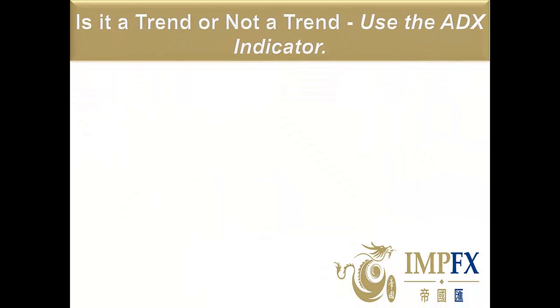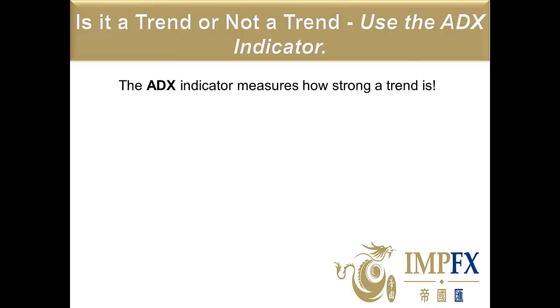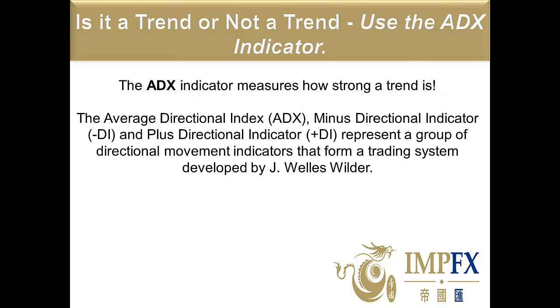Is it a trend or not a trend? Use the ADX indicator. The ADX indicator measures how strong a trend is. The average directional index, or ADX, minus directional indicator, minus DI, and plus directional indicator, plus DI, represent a group of directional movement indicators that form a trading system developed by J. Welles Wilder.